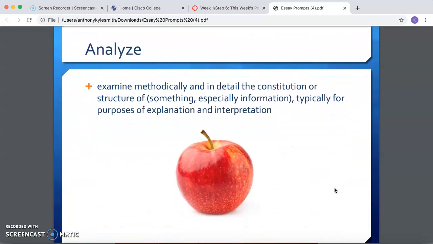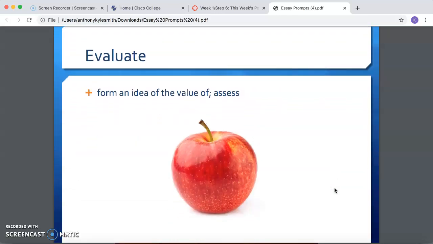If we're asked to analyze something, then we're asked to examine it, to explain it, to interpret it, right? We break it down into parts. We're not merely describing or summarizing the apple. Finally, if you're asked to evaluate something in an essay, look at the root word of evaluate, which is value. You're giving value to something. You're reviewing it or assessing it.